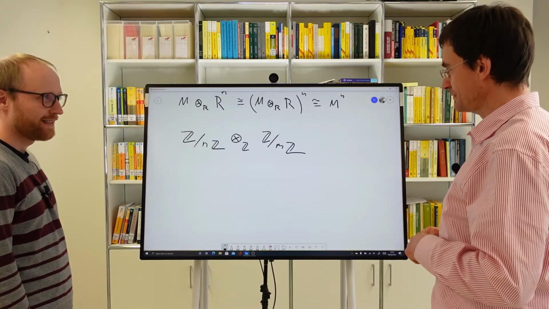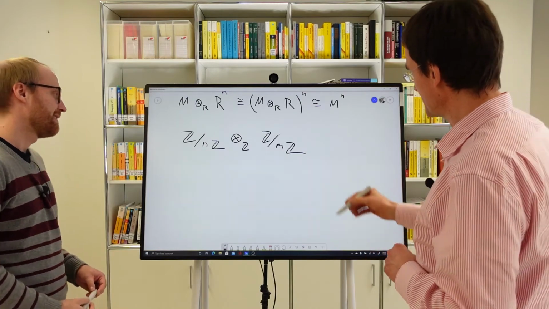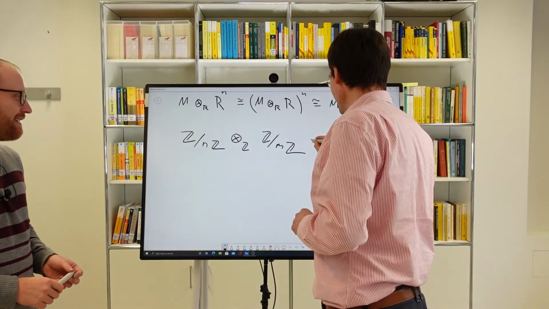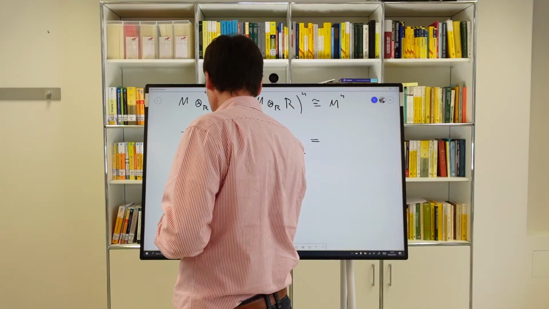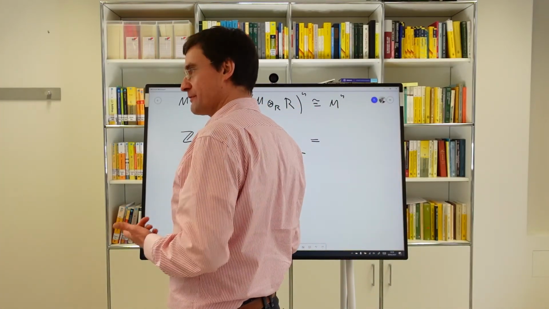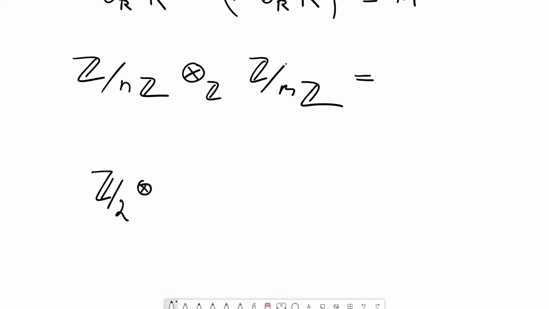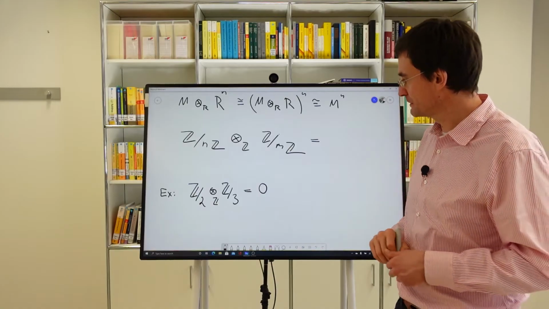There is an answer here that we can give, but it's maybe good to look at the smallest non-trivial example. You could also take Z/2, but let's first look at this example. I claim that this is 0. This is just the 0 module.